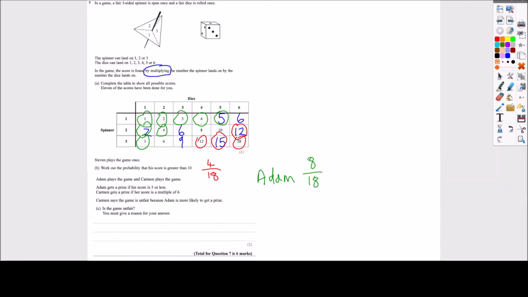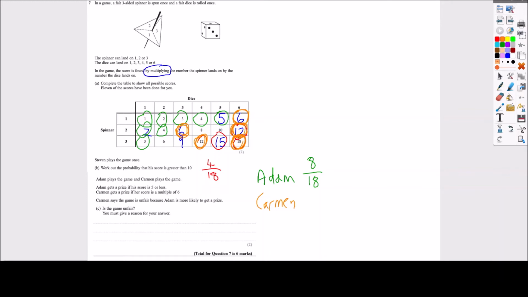Now Carmen gets a prize when it's a multiple of 6, so it's in the 6 times table. So 6 or 12 or 18. So all the 6s, 12s, or 18s.